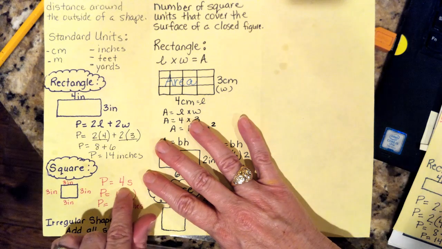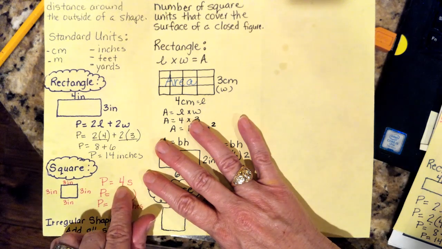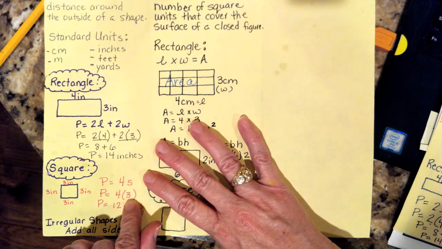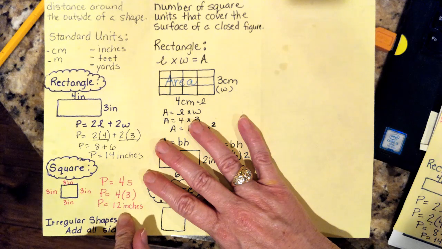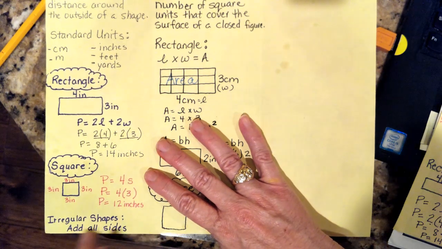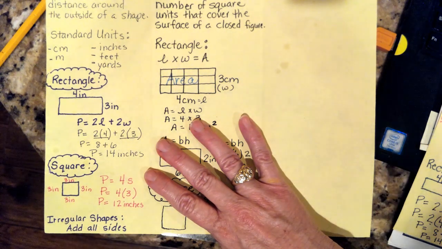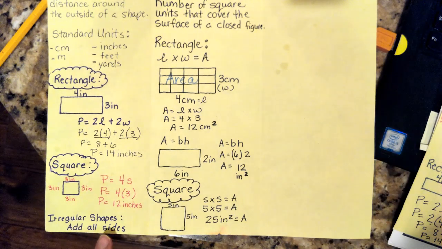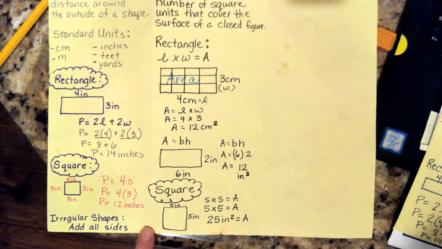So if you see 4s, that's because there are four equal sides. And once we know the length of that side, we can then multiply it to find the perimeter of a square. And then finally, irregular shapes are all those shapes that maybe none of the sides match up. So in that case, we're just going to add all the sides. Okay?